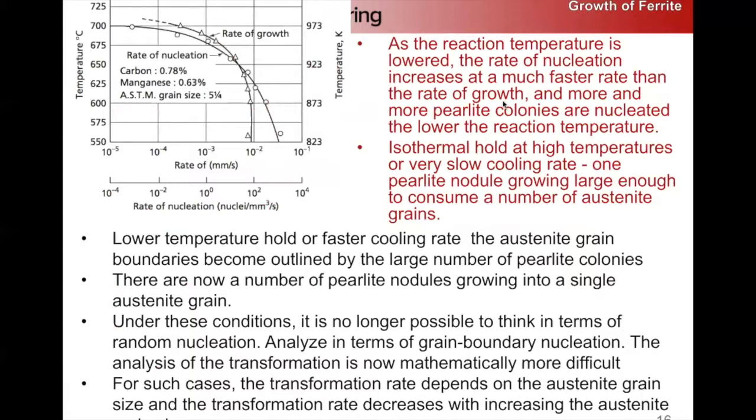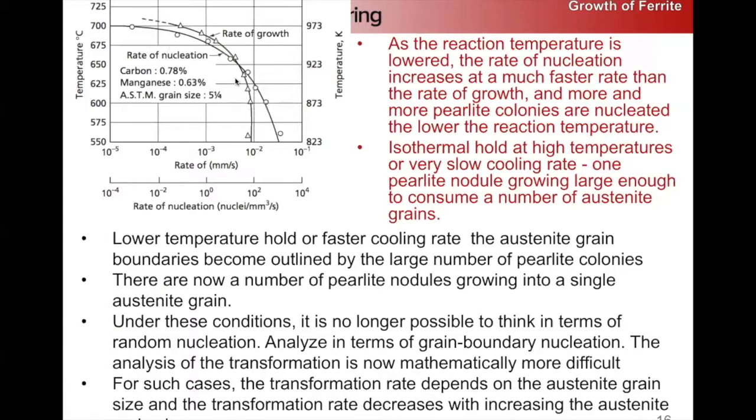As the reaction temperature is lowered, right? So here's our rate of growth. Remember, we start out with a low growth rate, go to a maximum, and then decrease again, right? The rate of nucleation increases at a much faster rate than the rate of growth, right?